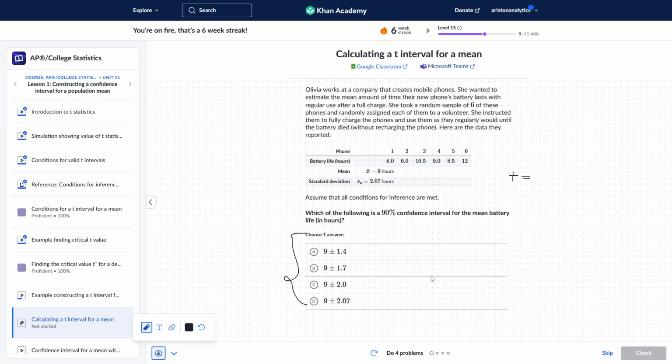I'm going to do that anyways. Okay, so this is going to be x bar. No wait, t int, which just stands for t interval. X bar, which is sample mean, plus minus to represent left and right in a two-dimensional distribution.